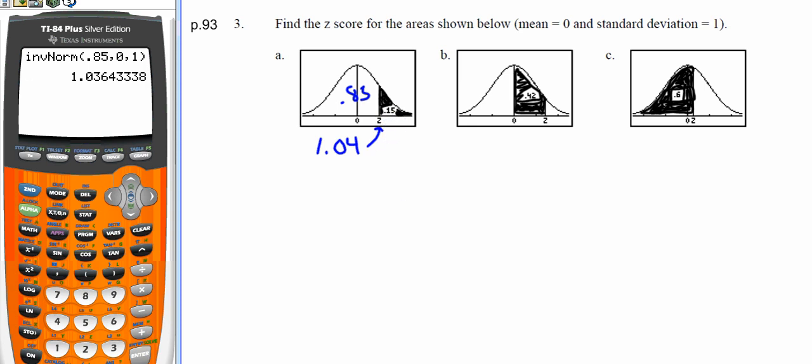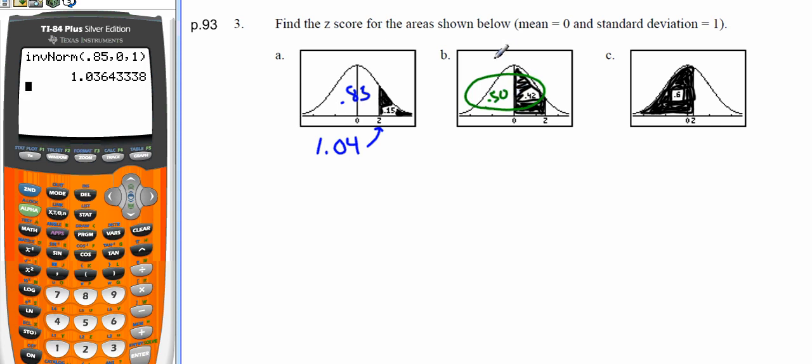Okay, let's take a look at the next one here. So in this case, here's our z value. We're going to use the same command. We're guessing our answer is about 1.3 or so. Now we have to tell the percentage to the left of z. So this entire percentage, all of this area. We can see 0.42 is in this shaded region. What about this percentage here? Well, we know the mean is going to split that curve perfectly in half. So this is 50%.